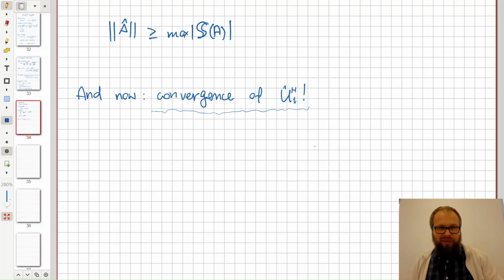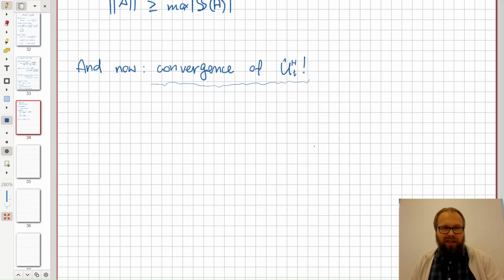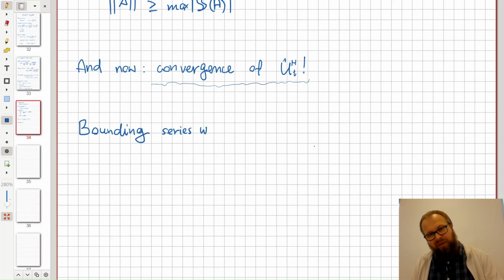So let's start with writing down the bounding series w_k for the evolution operator.